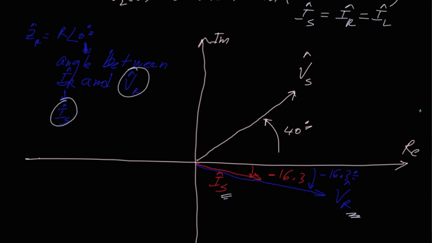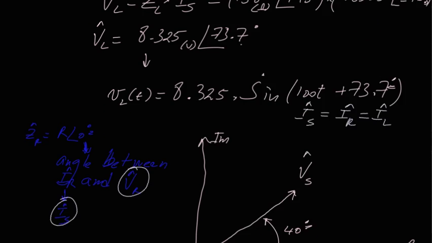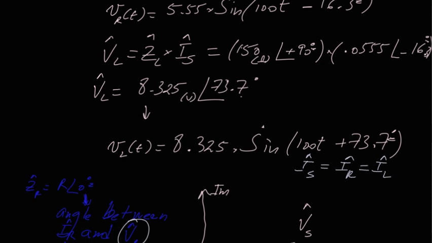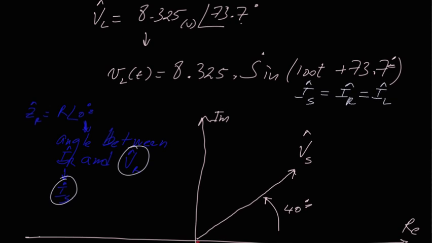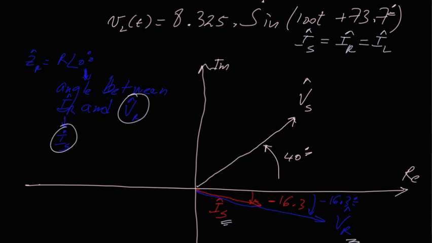Okay? Now, VL. VL is 73.7. So I'm going to use a completely different color, maybe some kind of green or something. This is VL. This is 73.3. VL makes with this thing 73.3.